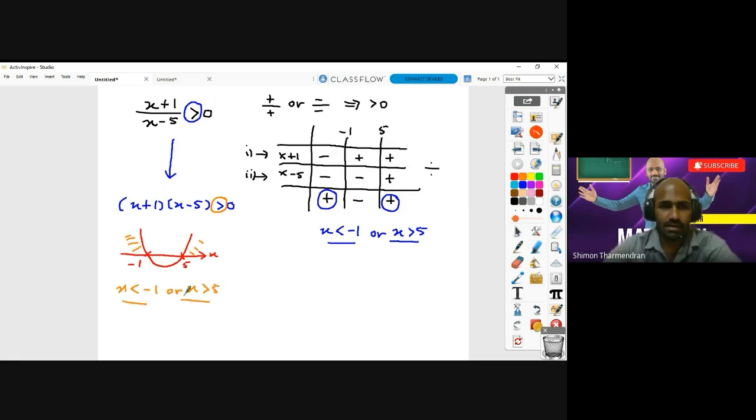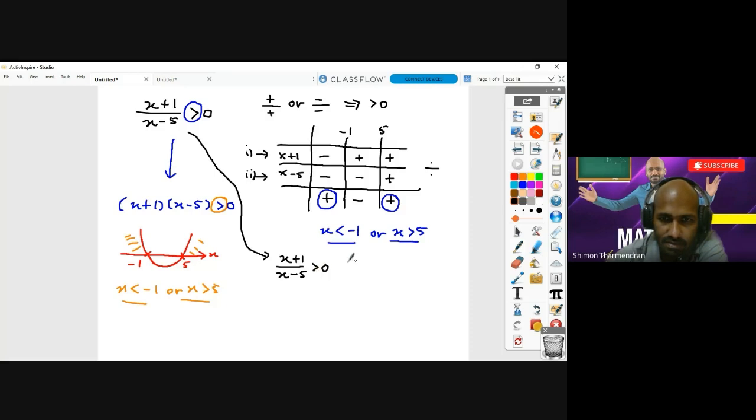How did a division become multiplication and give me the same answer? Actually, when I divide, I can't simply divide something. I have to change it to an equivalent fraction. What I did over here is x plus 1 divided by x minus 5 is greater than 0. Now, equivalent fraction means it's like this. 1 over 2, if you times up and down by 2, is the same as 2 over 4. So what I'm going to do here, I'm going to times up and down by x minus 5.